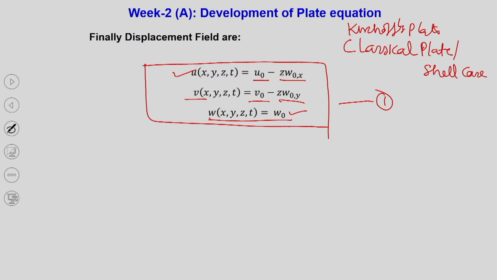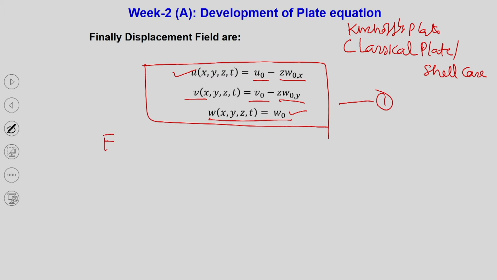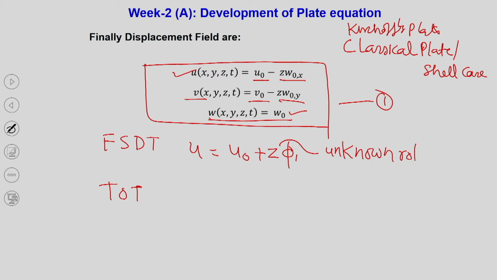I think in the first week lecture I have already explained, if you are interested in first order theory or third order theory, what the assumptions will be. This u will be u naught plus z times phi 1, where phi is an unknown rotation. Here the rotation was known in terms of w.